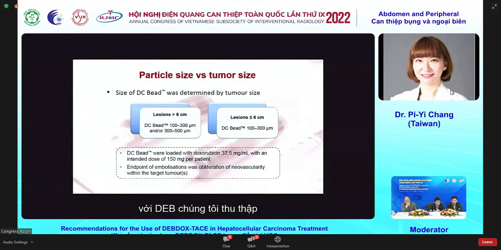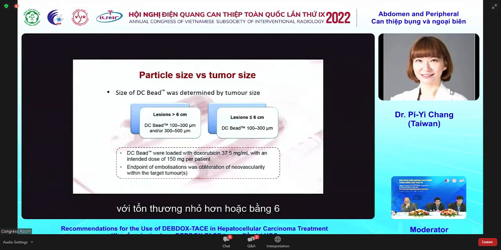For the data we collected, we conclude the same as the recommendation by the DCB eluting beads company that if the lesions are greater than 6 centimeters, then we should choose beads that are between 100 to 300 or 300 to 500 micrometers.